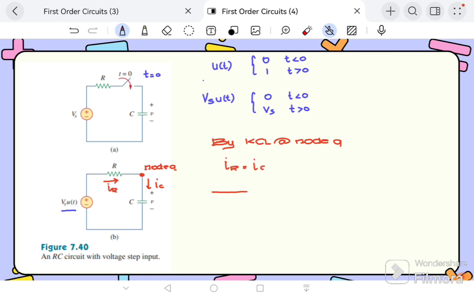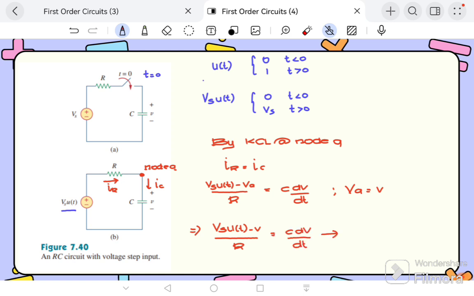IR is V over R. The voltage across the resistor is Vs u of t minus the node voltage VA, over R. IC equals C dv/dt. Take note, the node voltage VA equals v, implying (Vs u of t minus v) over R is equal to C dv/dt. Take note, this equation is a differential equation.